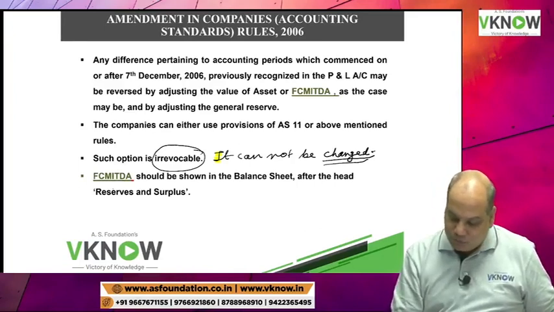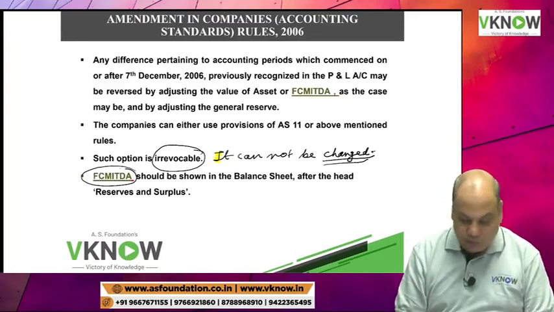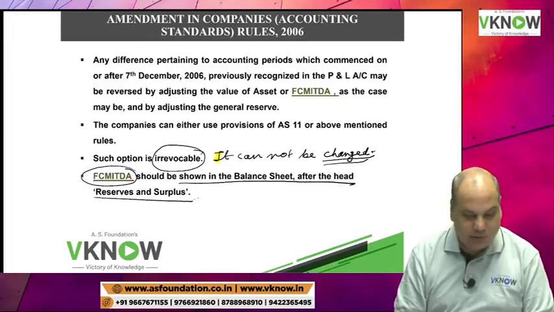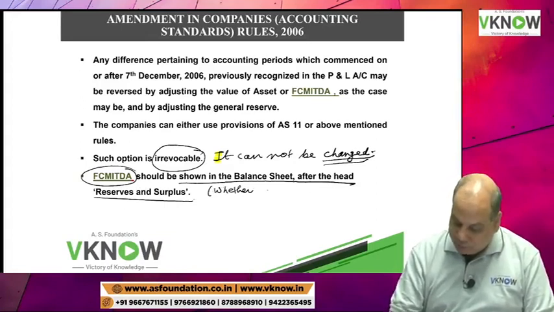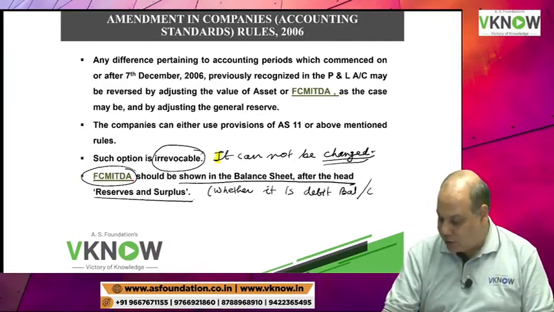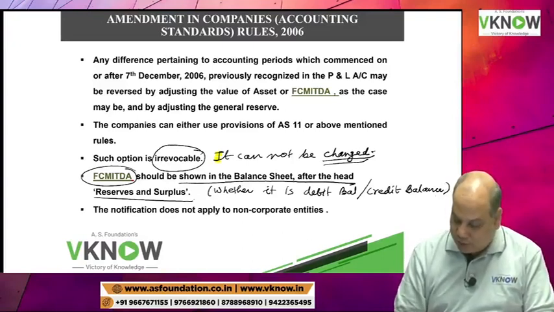Where will you present FCMI TDA? FCMI TDA will be presented in the balance sheet under the head reserves and surplus. You can just mention whether it is a debit balance or a credit balance.